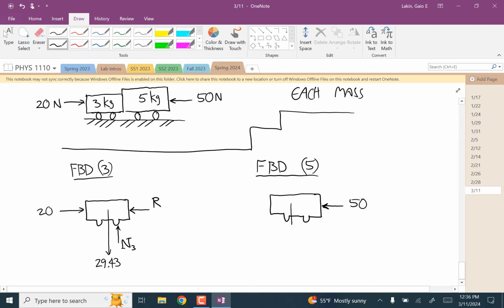There's a weight force acting down of 5 times 9.81, 49.05. There's a pushing force from the ground. I'll call that N5.